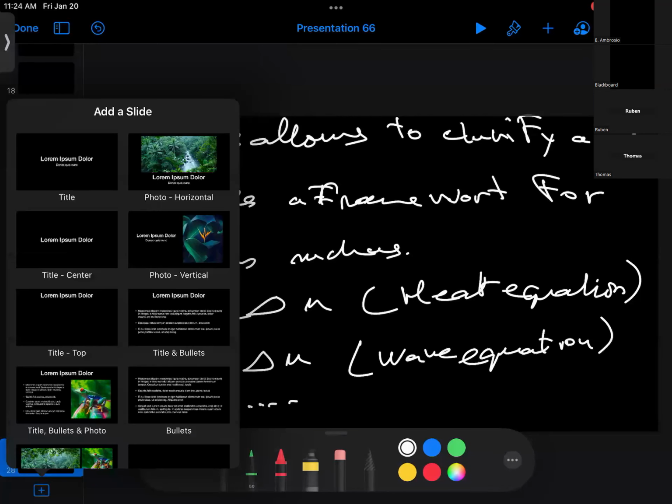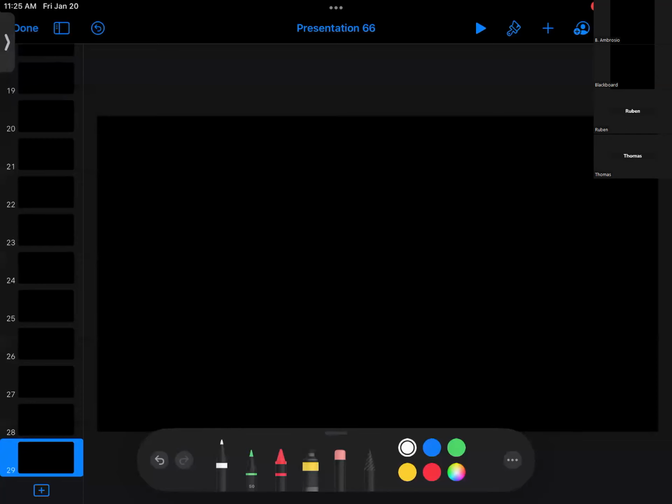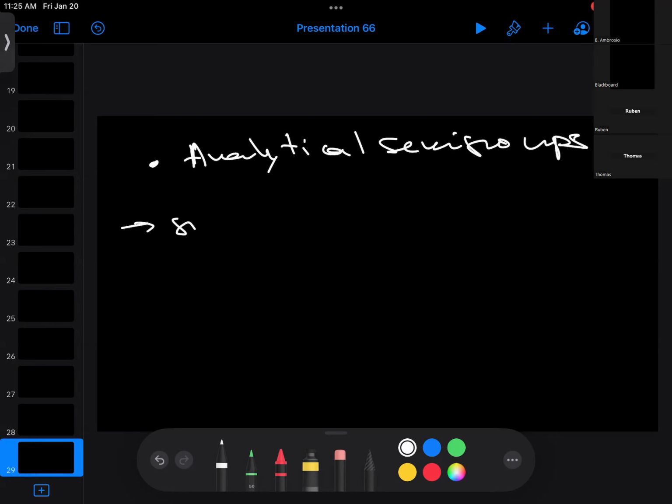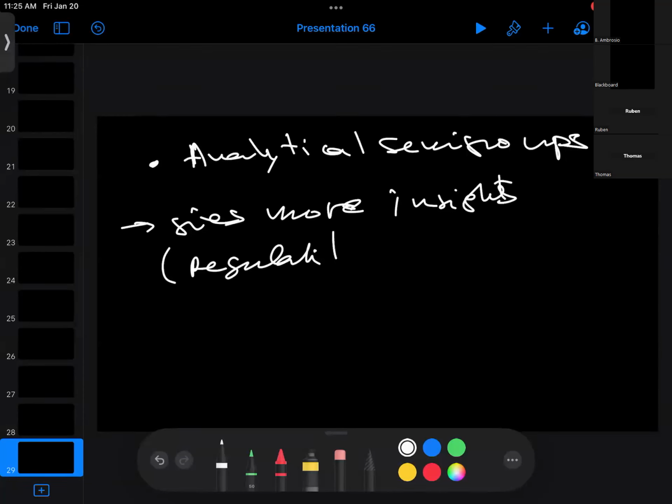So one other thing to include, which is powerful, is the theory of analytic semigroups, which gives you more insights about regularity, bounds, and so a typical equation is u_t equals Au.